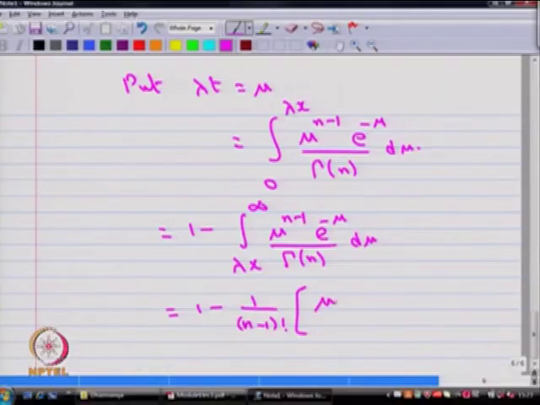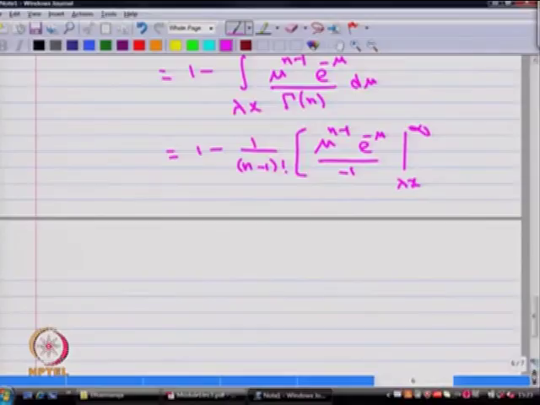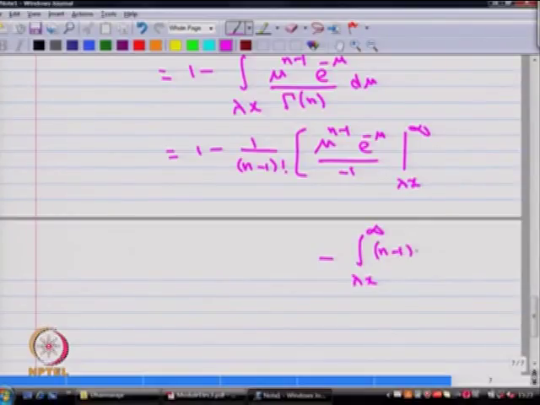So, you will get mu power n minus 1 e power minus mu divided by minus 1 between the limits lambda x to infinity, minus the integration from lambda x to infinity of n minus 1 times mu power n minus 2 e power minus mu divided by minus 1 d mu. So, the whole thing is multiplied by n minus 1 factorial.